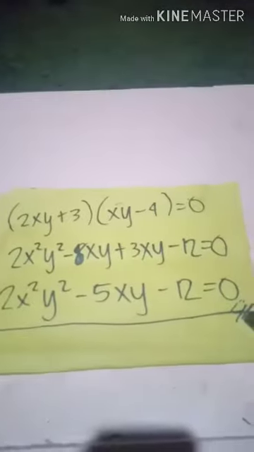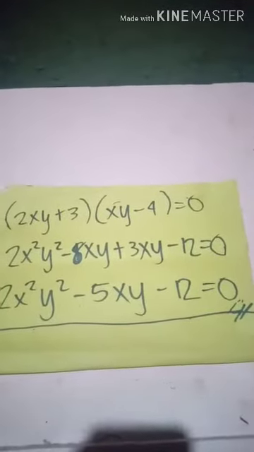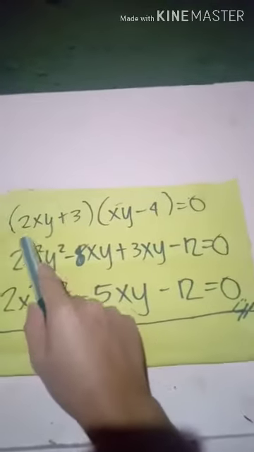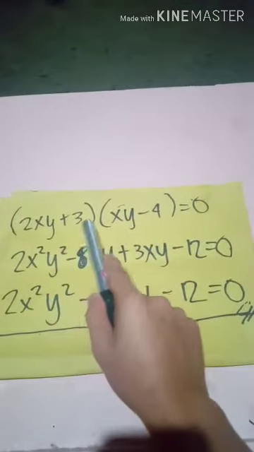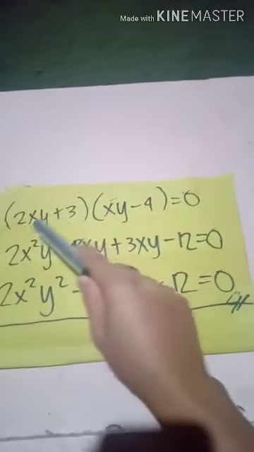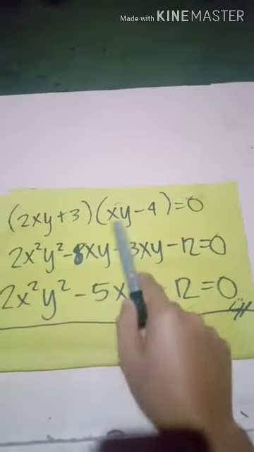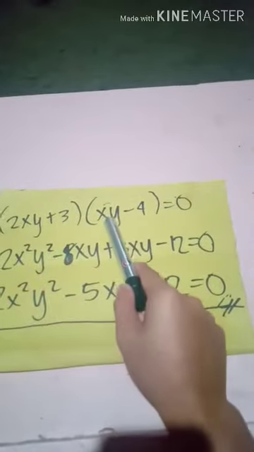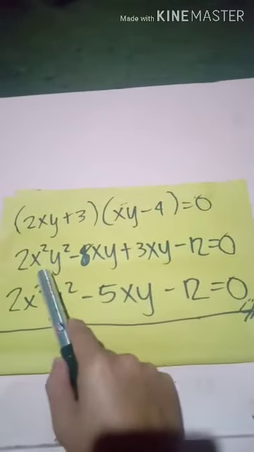For the third example, our equation is 2xy plus 3 times xy minus 4 equals 0. FOIL method again, distribute. 2xy times xy is 2x squared y squared.